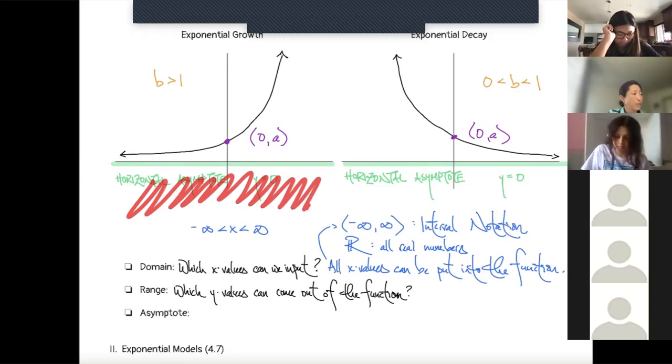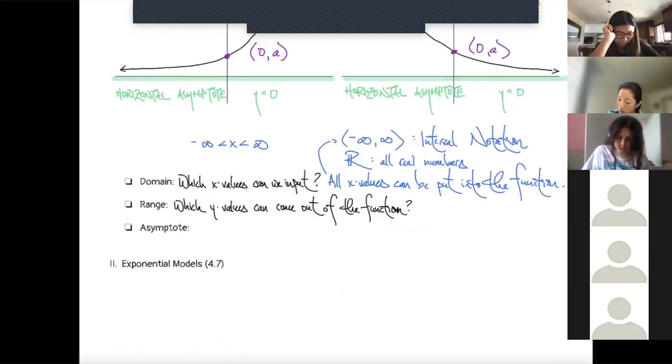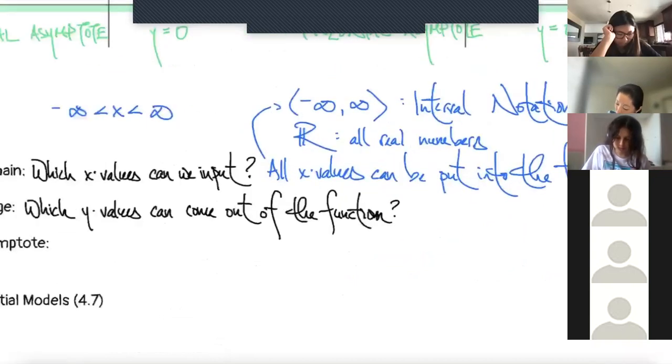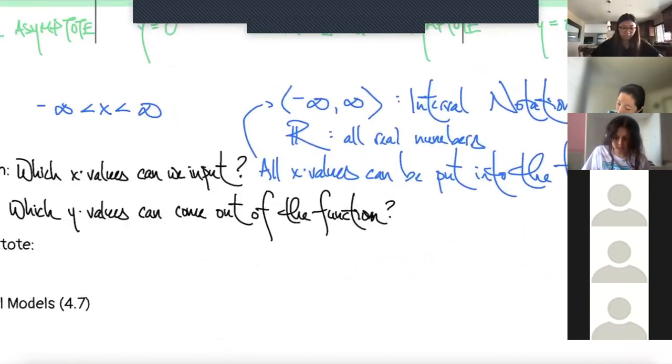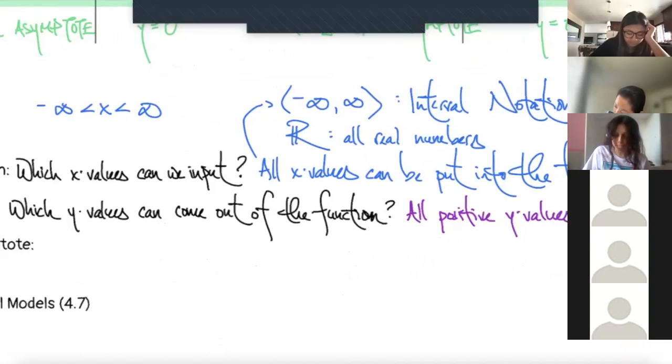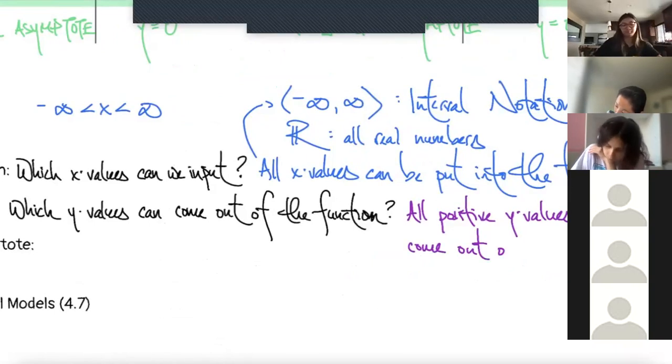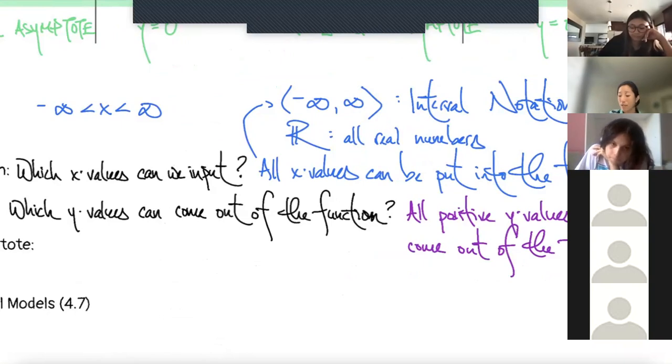Since we don't have any of those pictures, any of the graph there, we would say that the y values that can come out of the function are all positive y values. All right, so this phrase in the purple, all positive y values can come out of the function, that is what we want to figure out.